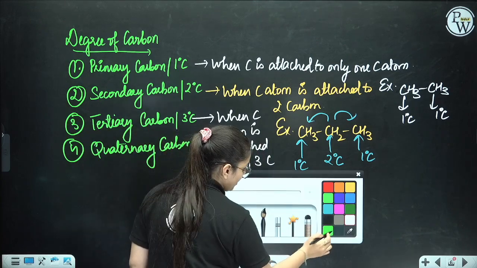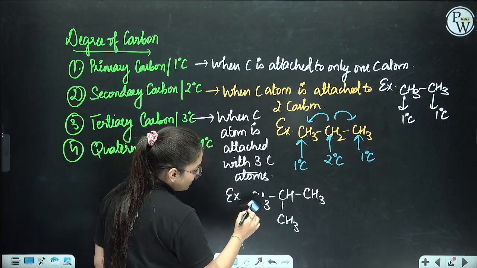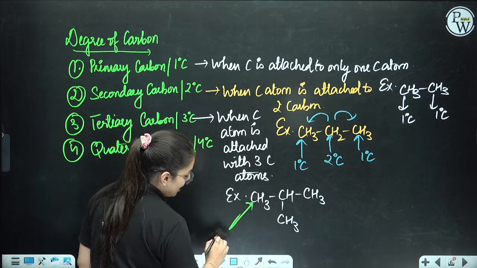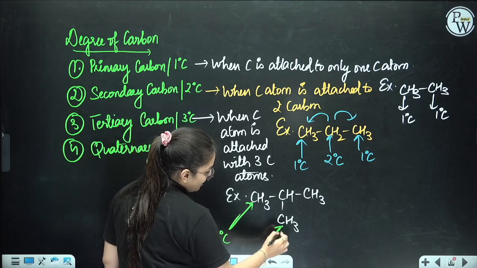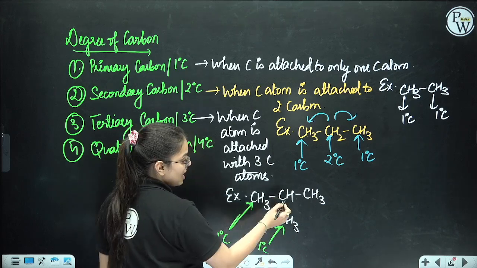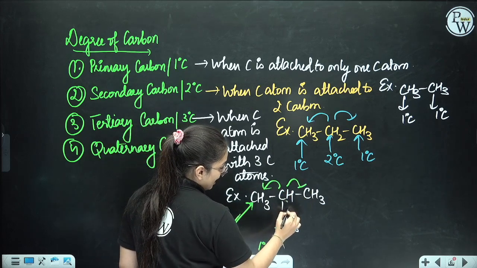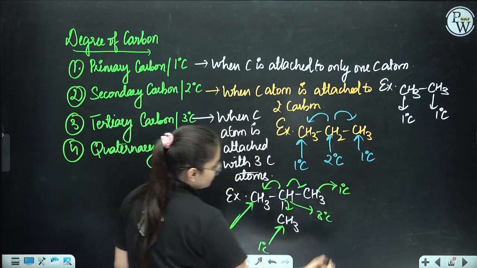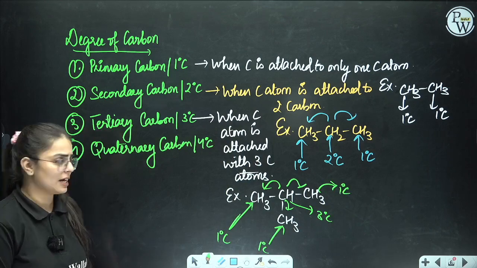Now see students, over here, this carbon is attached to one carbon, so it is 1 degree. This carbon is attached to one carbon, so it is 1 degree. This carbon is attached to 1, to 2 and to 3, so it is 3 degree. And this carbon is also attached to 1, so it is 1 degree. Clear with this part? Easy, no?